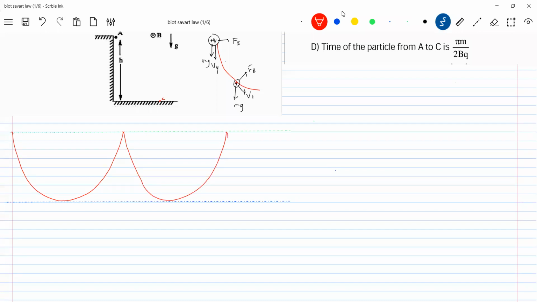So why only like this? I'll give the mathematical proof. Okay, keep it now. So this is A, and this is C. Let me take this as B, and let it be D. So what are the forces that will be acting? Acceleration due to gravity, and B bar is into the plane, and it's a positive charge particle. At t equals 0, it will start from rest. Release it.